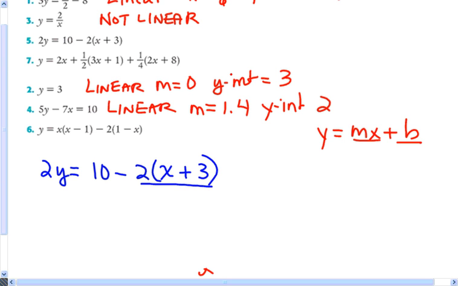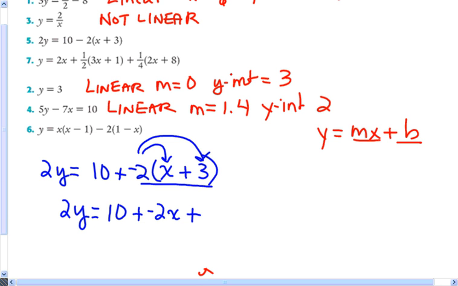We kind of need to clear that up, simplify that as much as we can. When we do that, we get 2y equals, when we distribute, we really need to distribute negative 2, because 10 minus 2 times quantity x plus 3 is the same as 10 plus negative 2 times quantity x plus 3. So we're going to do negative 2 times x and negative 2 times 3. So we get this 10 plus negative 2x plus negative 2 times 3 is negative 6.